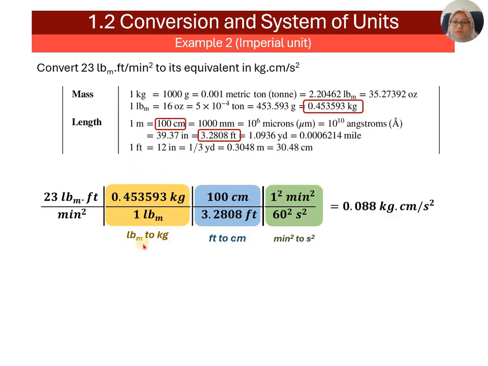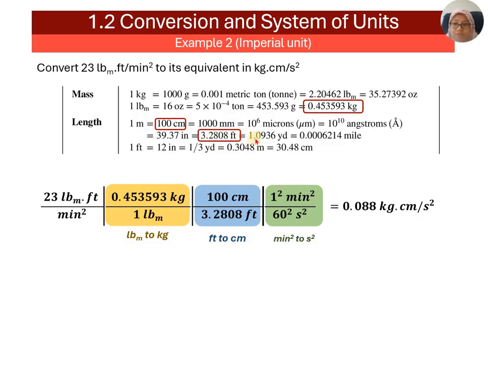So the first conversion factor to use is 0.453593 kilogram over 1 pound. And the second one is 100 over 3.2808. The second conversion factor is already a simplified conversion factor. It actually comes from 100 centimeter over 1 meter, and 1 meter over 3.2808 feet.